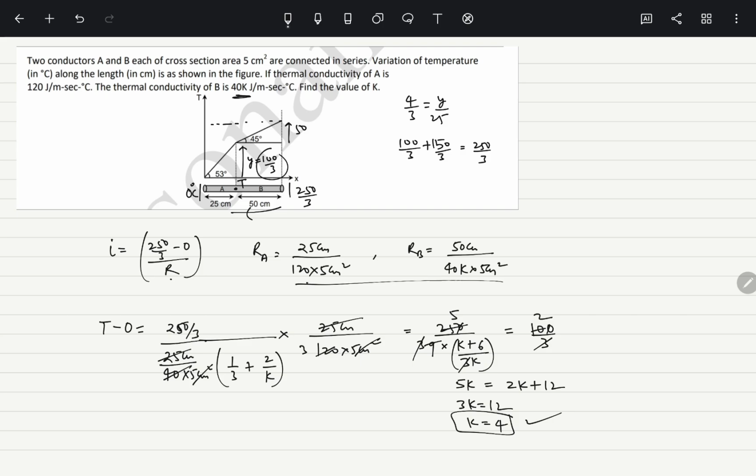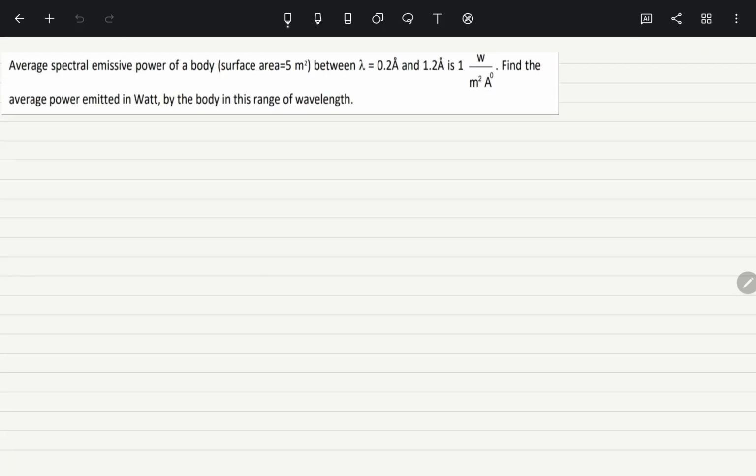I selected one more question, and again it is related to the radiation. Same topic, heat transfer. This question could be confusing at first sight, but when we try to solve, it is a very straightforward question.